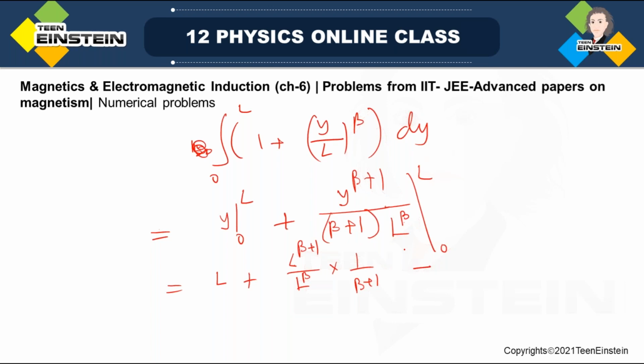L is equal to 0 means this whole thing is 0, so the lower limit will not contribute anything. So from here it will be L. If I take L common, it is 1 plus 1 over beta plus 1. I hope you agree with me.